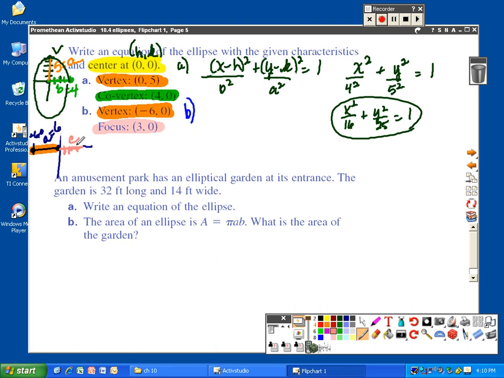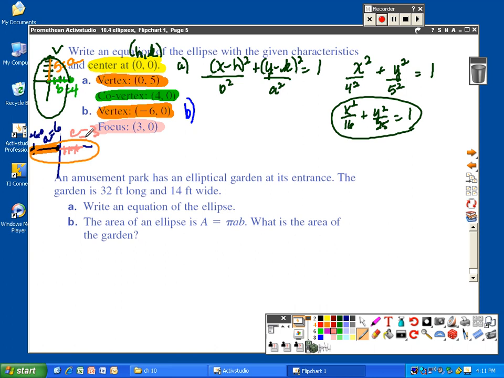So c is 3. I do not have b. But since my vertices are on the x-axis, my ellipse will be elongated horizontally.